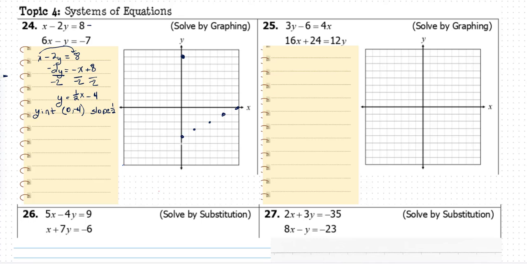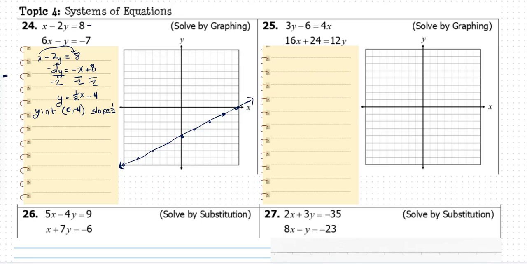Now going left, I drop 1, go left 2, repeating across. And when I'm working with systems of equations and I'm graphing, I like to be as accurate as possible by graphing all the way across the x-axis.